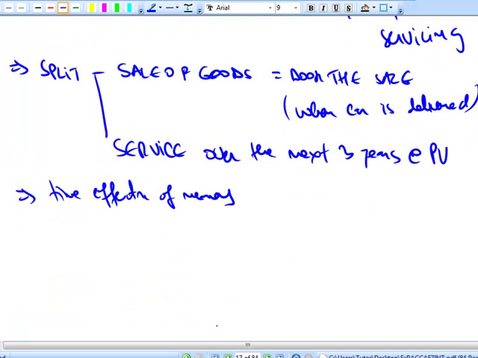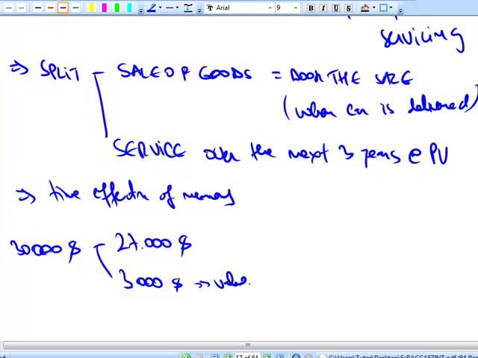What do I mean by that? Let's put some numbers into it. So 30,000 was the value of the car, and that actually represents 27,000 for the selling price of the car, and 3,000 is the value of a 3-year servicing pack.